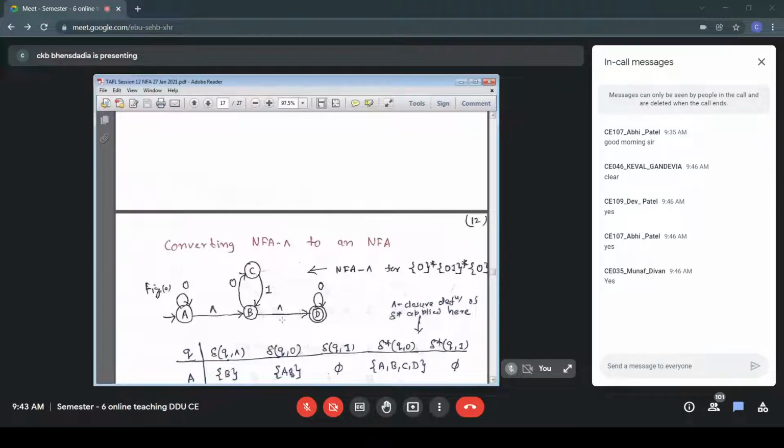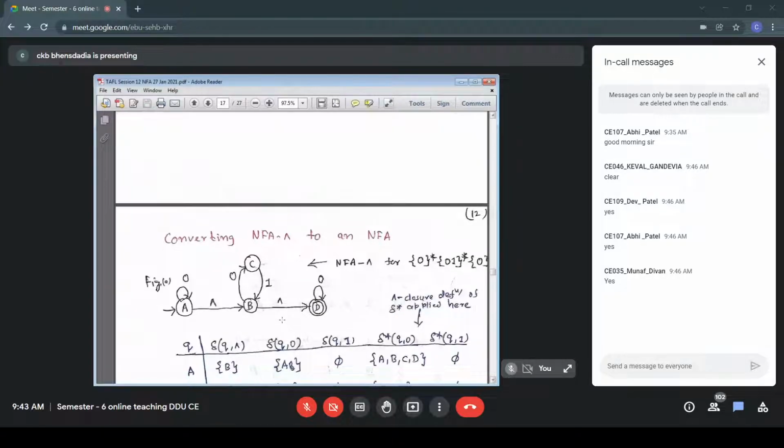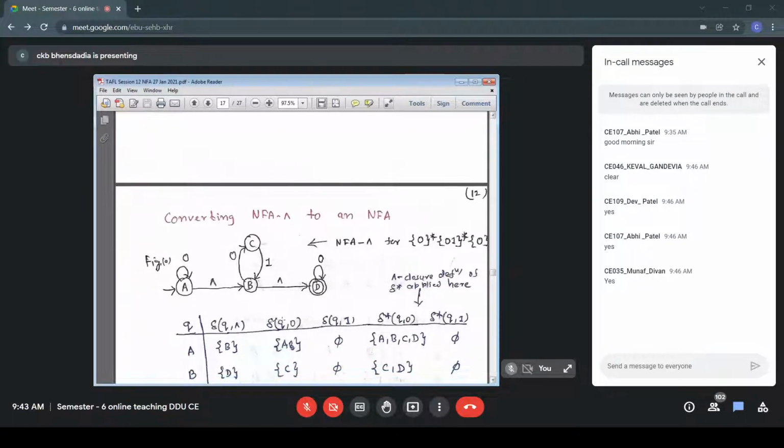Okay. Now we continue. Delta star A0 and A1 are done, so delta star B0 and B1, that is the next row. The same line. Focus on the last two columns. Delta star B0. So B on 0, we can go to C. One of the answers is C. Or maybe we go to D on null.